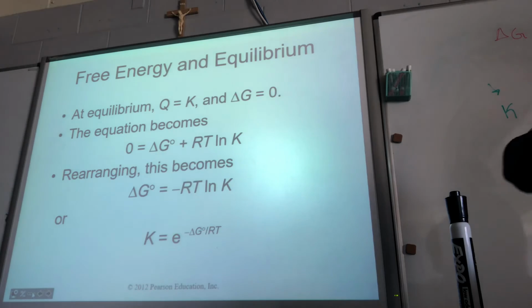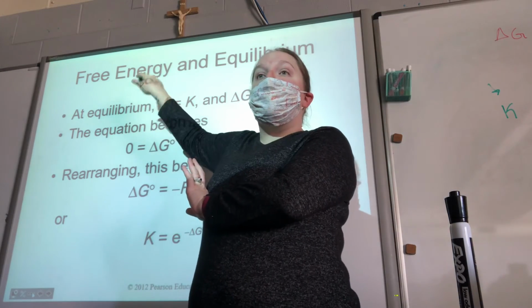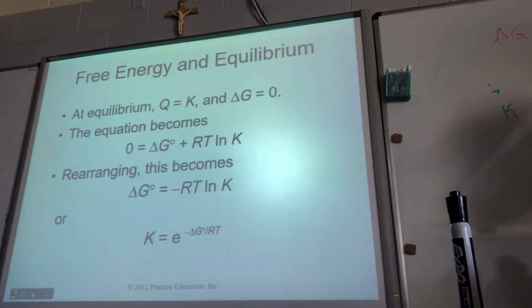At equilibrium, we know that Q should be K. Remember that? We had Q greater than 1, and we had Q less than 1. When Q is greater than 1, what did that mean? That we had more products than we should, so we had to shift to the right to get to equilibrium.